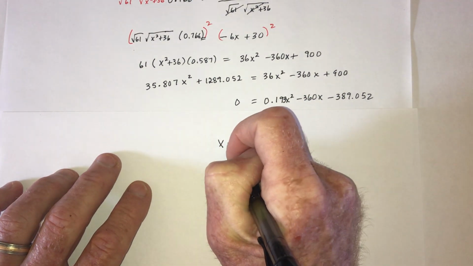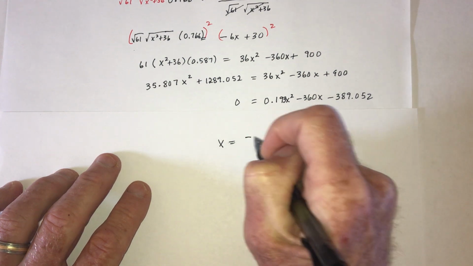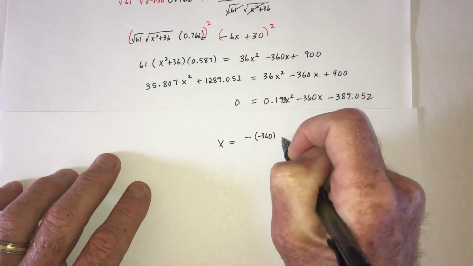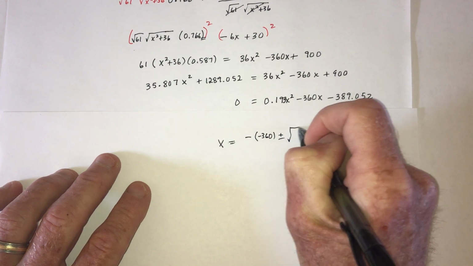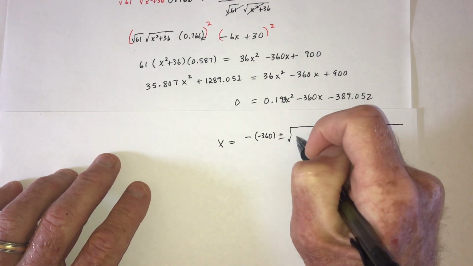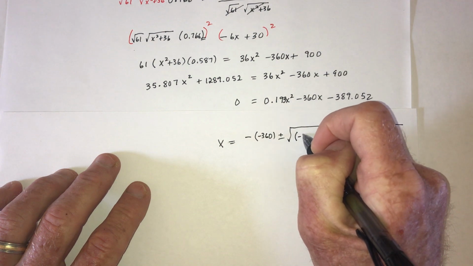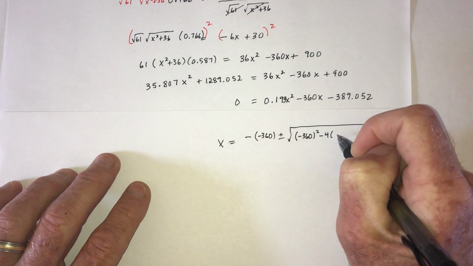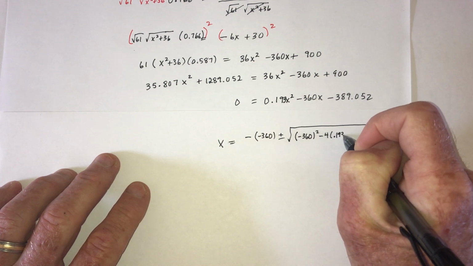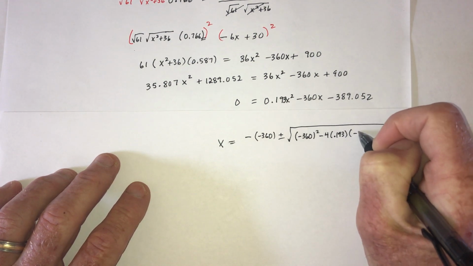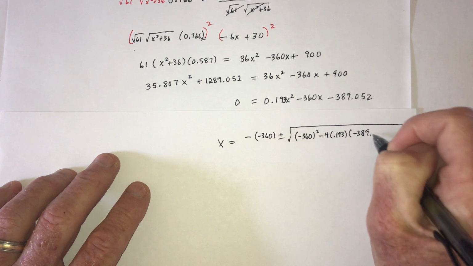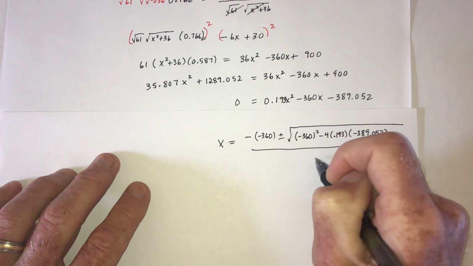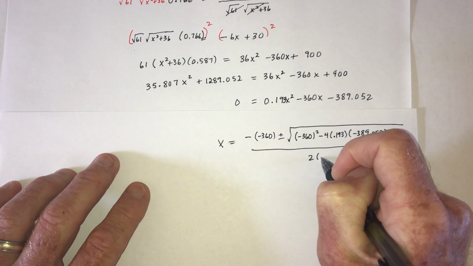So it's going to be x equals negative b plus or minus the square root of b squared minus 4 times a times c. And then that's all divided by 2 times the a.